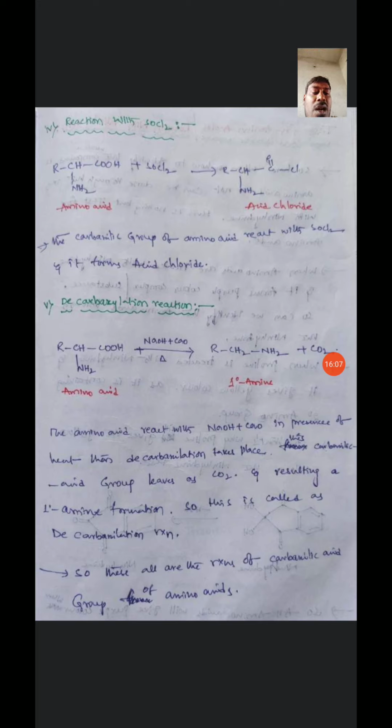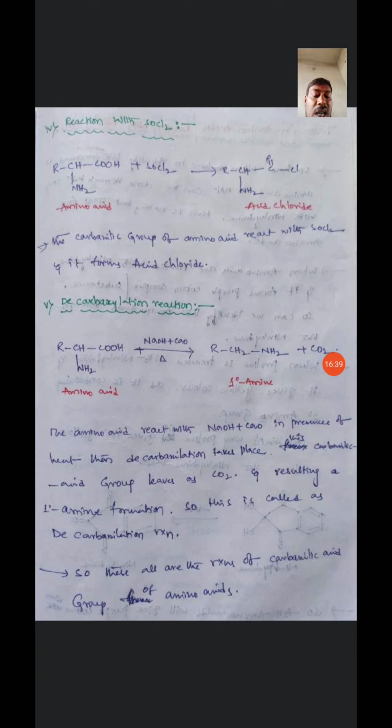The carboxylic group leaves as CO2, resulting in primary amine formation. So this is called the decarboxylation reaction.